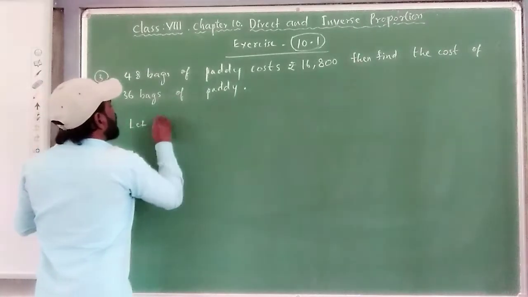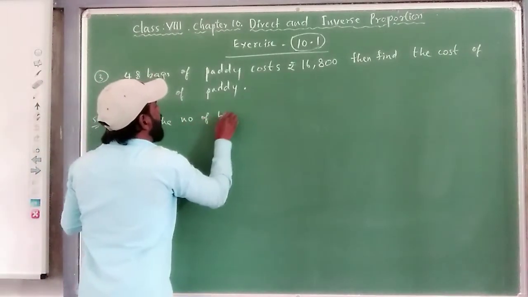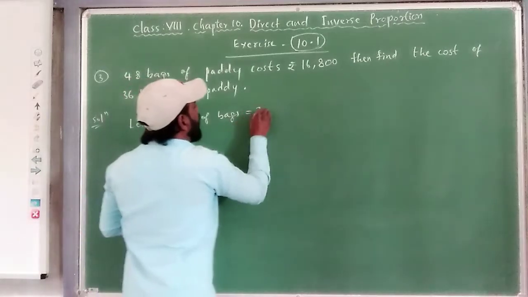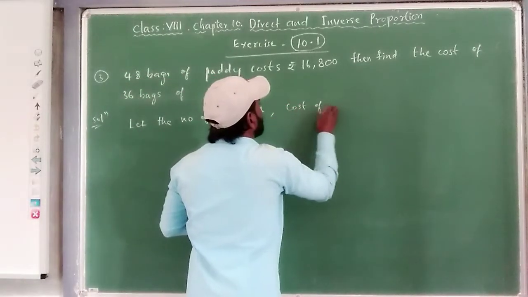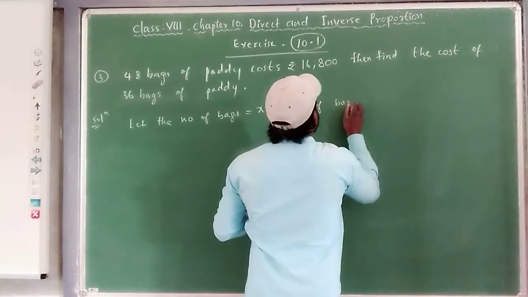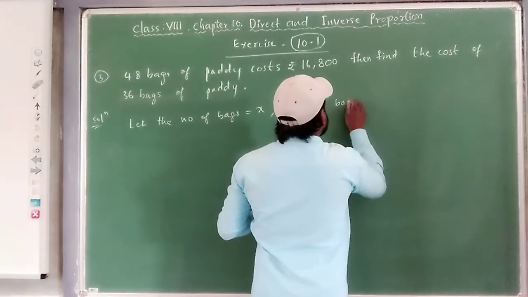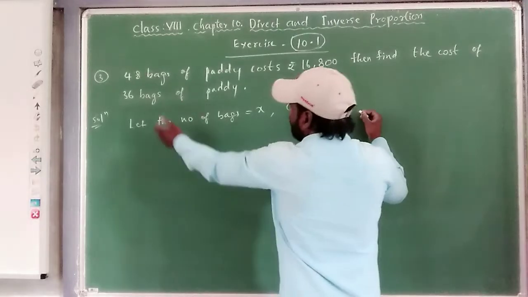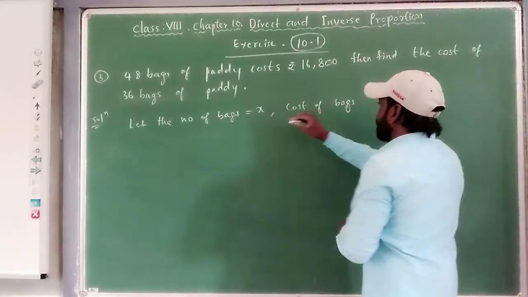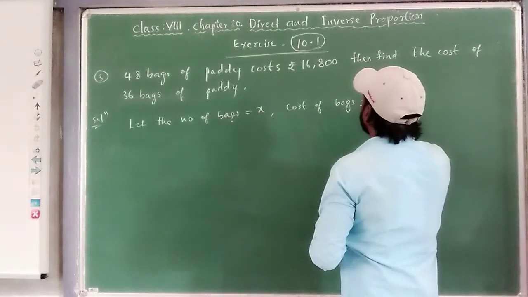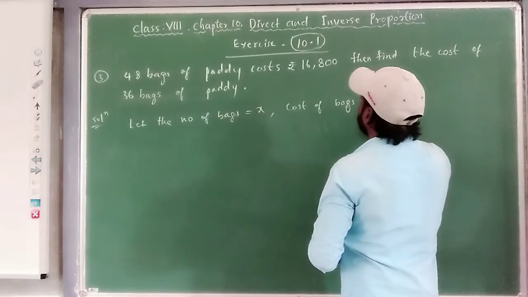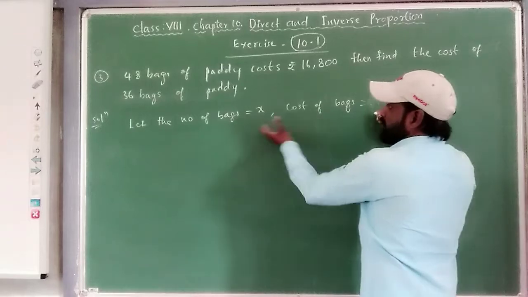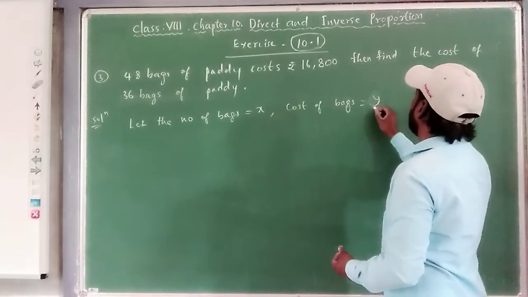Let the number of bags be x, and the cost of bags, I am not writing paddy each and every time, so bags only, the cost of bags, rupees 16,800 is given, but we use a variable y for that.